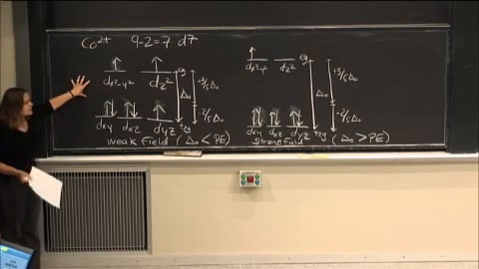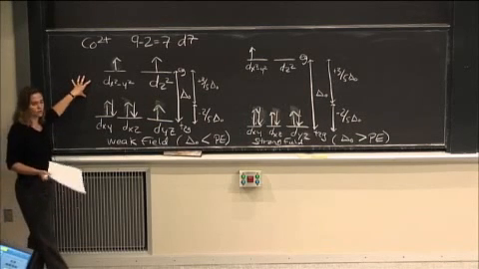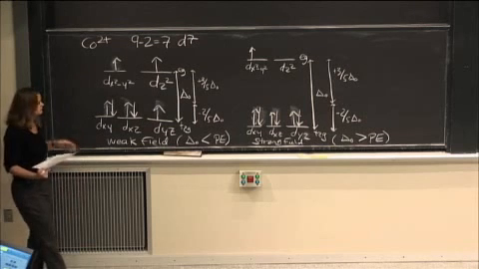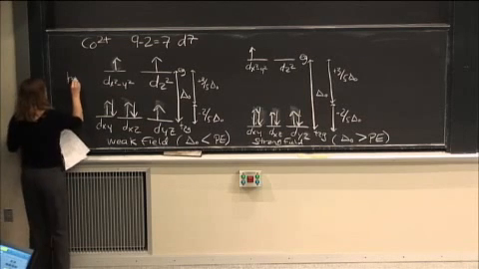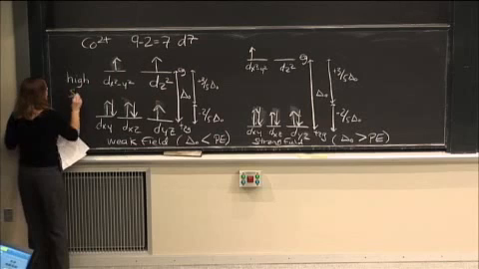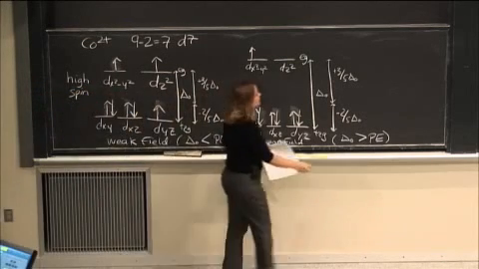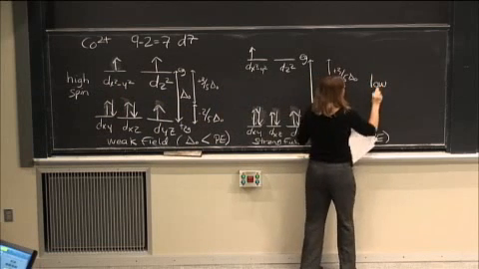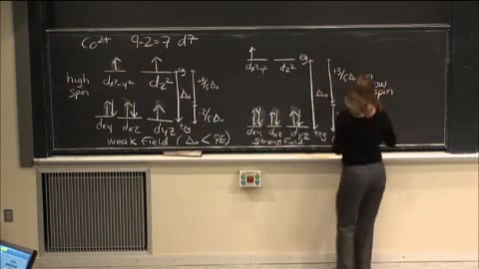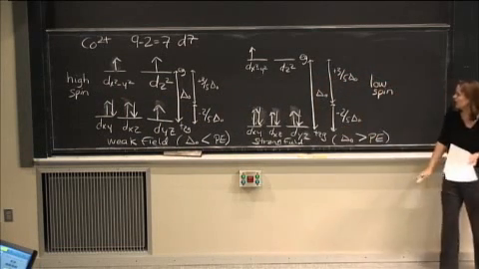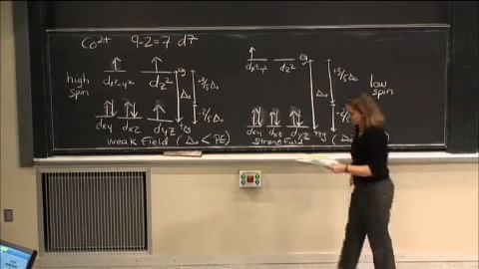For this system, is this going to be a high spin or a low spin system? This will be high spin because we have the maximum number of unpaired electrons. And over here, we're going to have a low spin system. We have the minimum number possible of unpaired electrons.